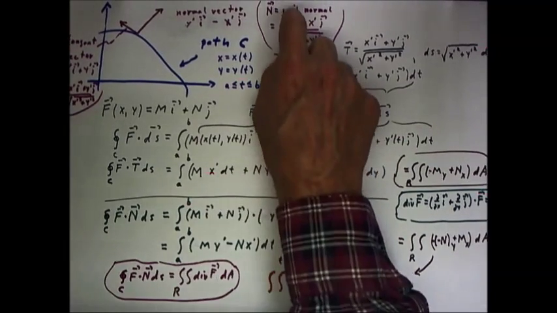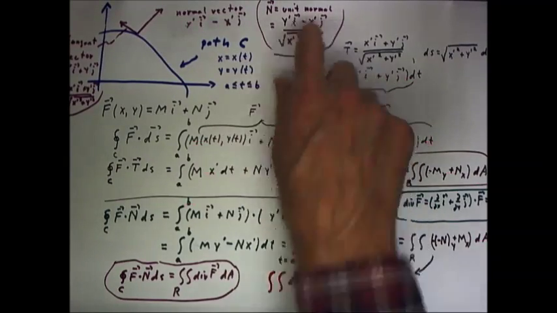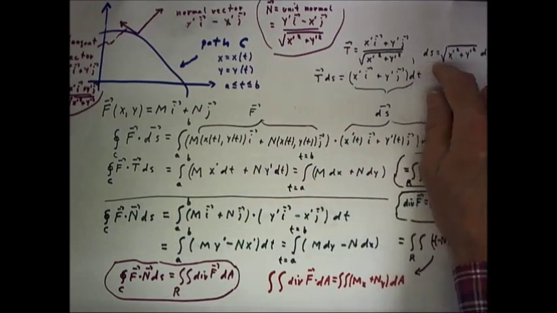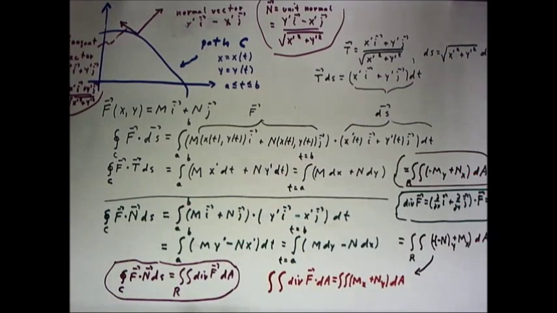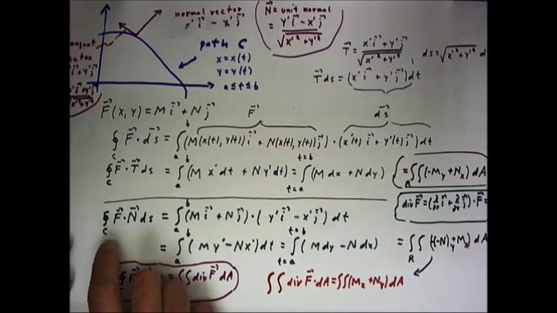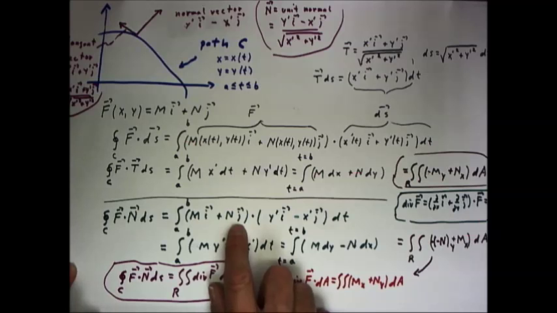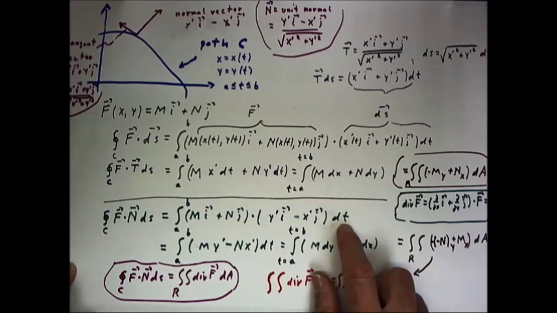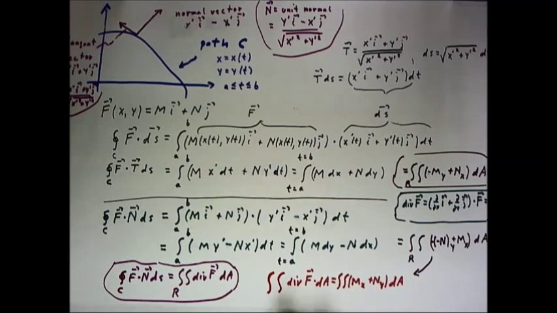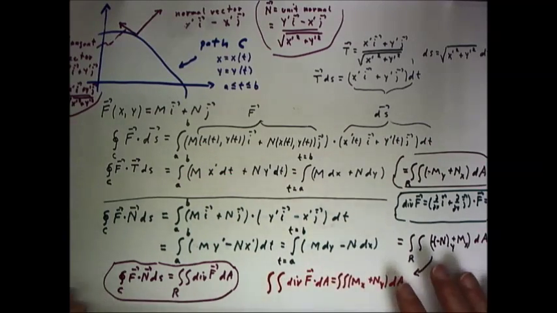Quick summary: the unit normal to our path C with parameterization is this. We multiply that by ds to get our n ds, which is just this. Our f dot n ds then is this, mi plus nj dotted with this vector, which in a very straightforward manner gives us this.